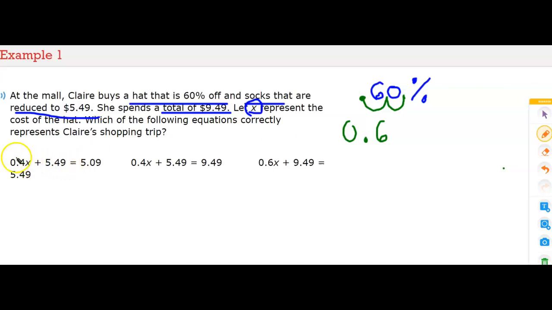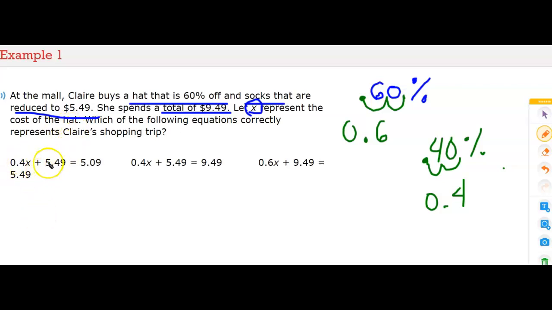So that's where they get the 0.4, because 40% again has that invisible decimal over there, now has a visible decimal, and now your decimal for that percent would be 0.4. So Claire is paying that 40% left over for the cost of that hat. So you would multiply that by X. So far, this is correct.